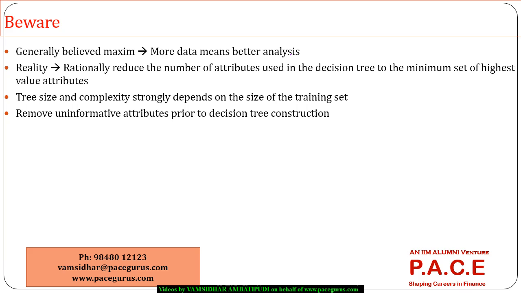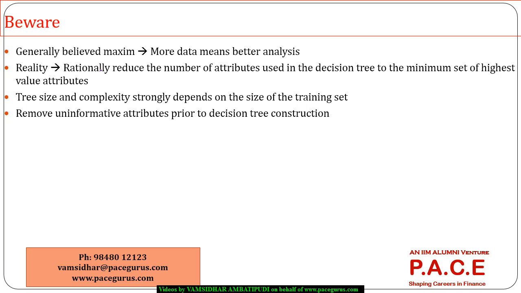And a few important things. The generally believed maxim is that if I have more data, I would be able to perform better analysis. But let me tell you, that could even add complexity to the model.